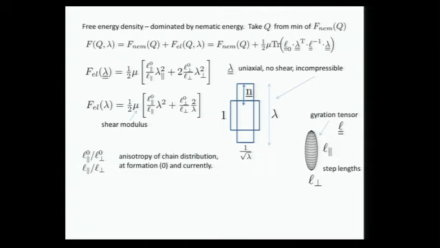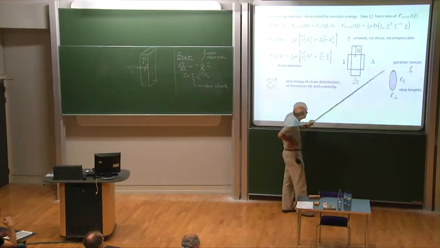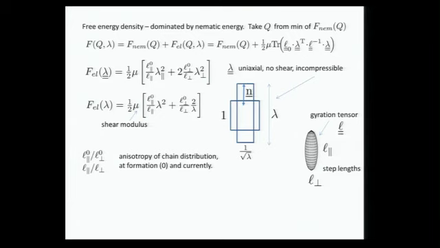But unlike a classical elastomer, it has squeezed into it a memory of the initial shape distribution of the chains and the inverse of the shape distribution or the gyration tensor currently. So the naught says what happens at the start when we form this material, and without the naught, it means it's the current shape distribution of the chains.